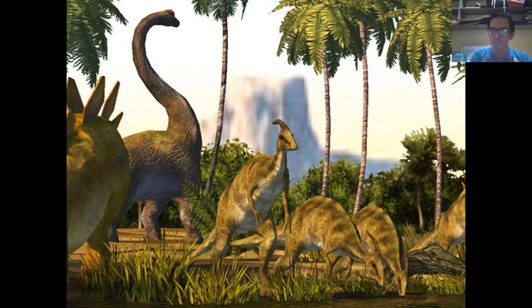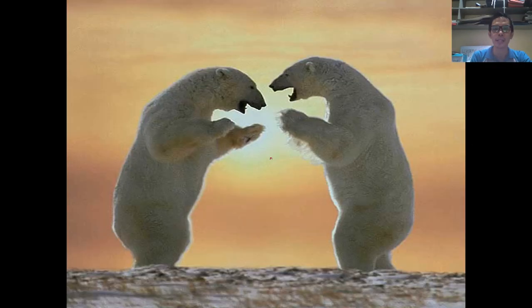The first example is the dinosaur. The reason why they became extinct is that they were not able to adapt to the environment changes brought about in that situation. Another one is this polar bear that we have right here. This is a product of genetic changes due to changes in habitat as well.